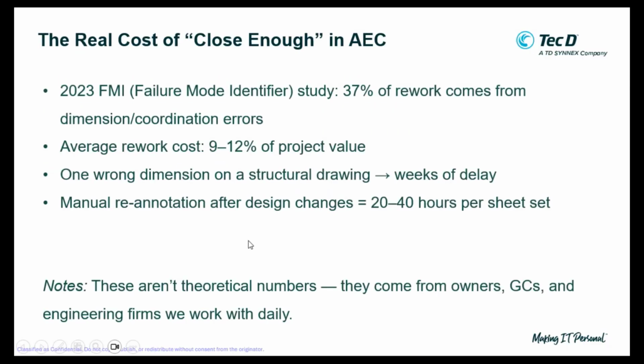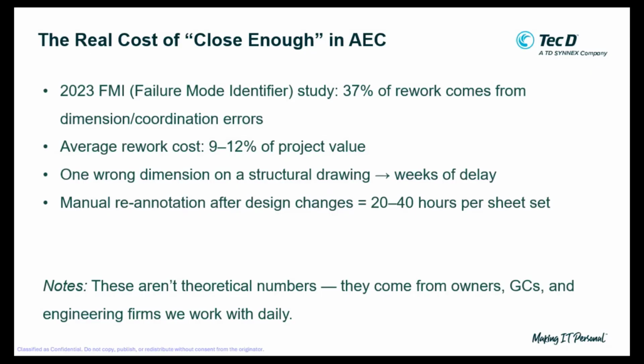Okay. The real cost of close enough in AEC. A 2023 FMI study says 37% of rework comes from dimension coordination errors. Average rework costs 9 to 12% of project value.